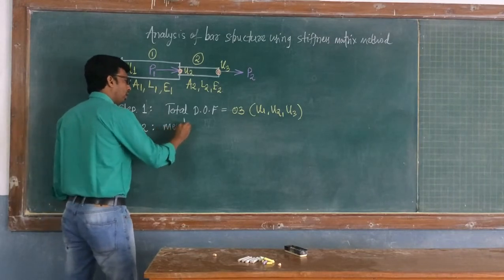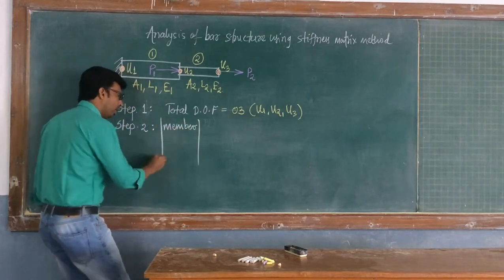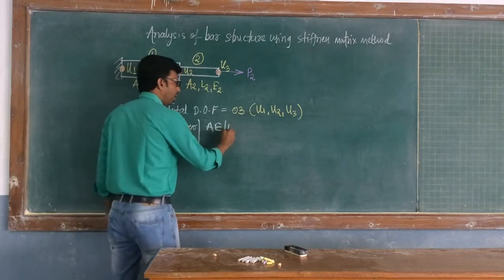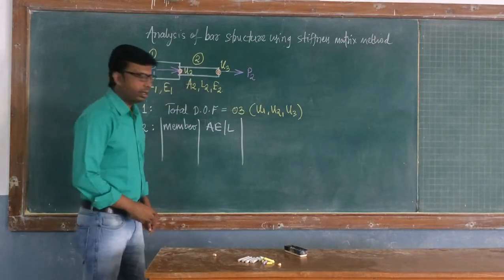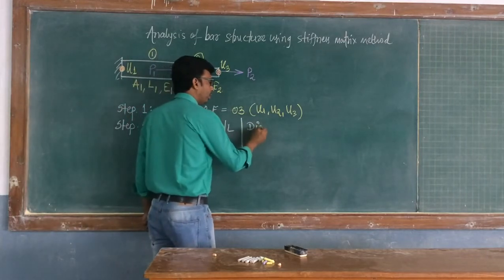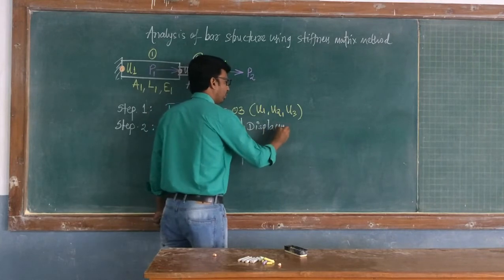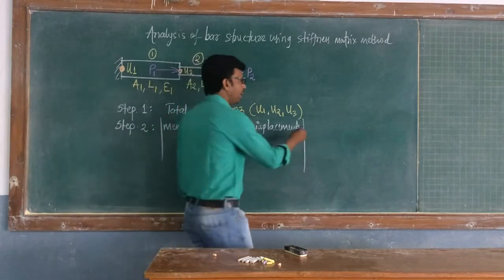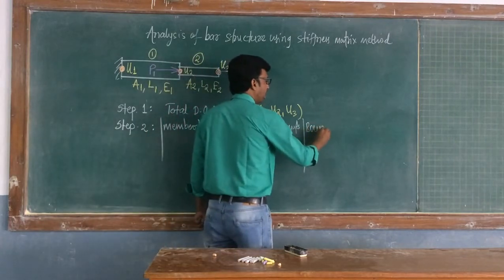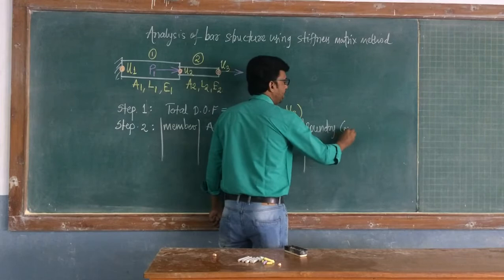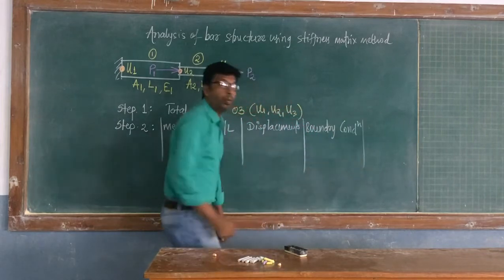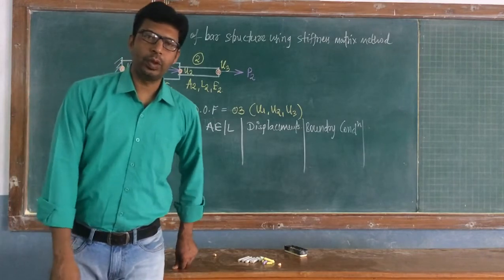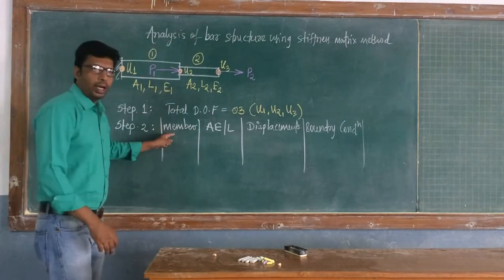That table includes member, AE by L, displacements and boundary conditions. Like this, in step number 2, you have to prepare one table.